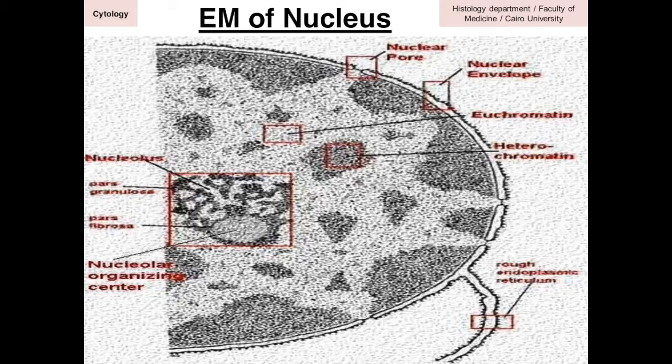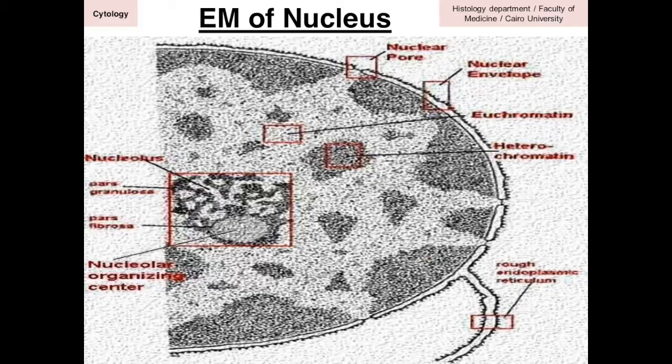Mention one material that will pass from the nucleus to the cytoplasm. Of course, you will remember the ribosomes and the RNA. And mention one substance that passes from the cytoplasm to the nucleus. It is the histone, as well as the protein needed for the formation of the ribosomes.